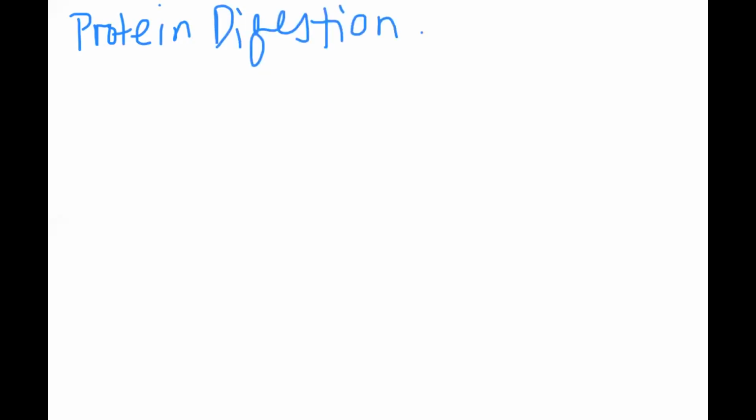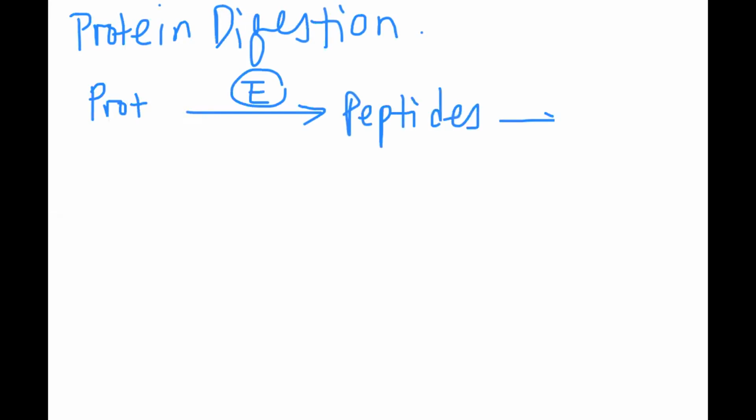All right, so we're talking about the digestion that takes place in the small intestine. First is protein digestion. We're talking about the chemical digestion for proteins, right? So proteins can be digested into peptides and then digested to amino acids.